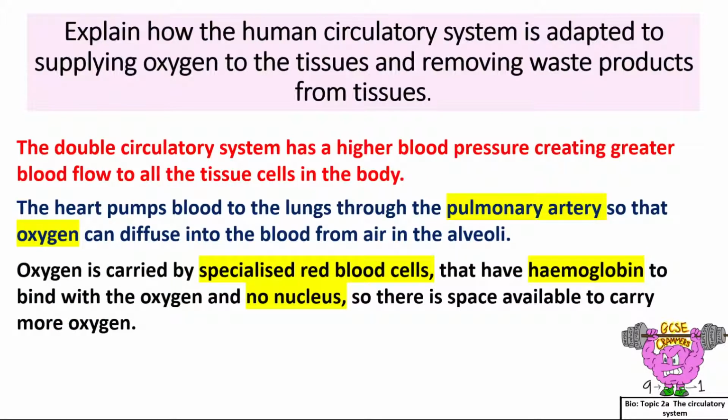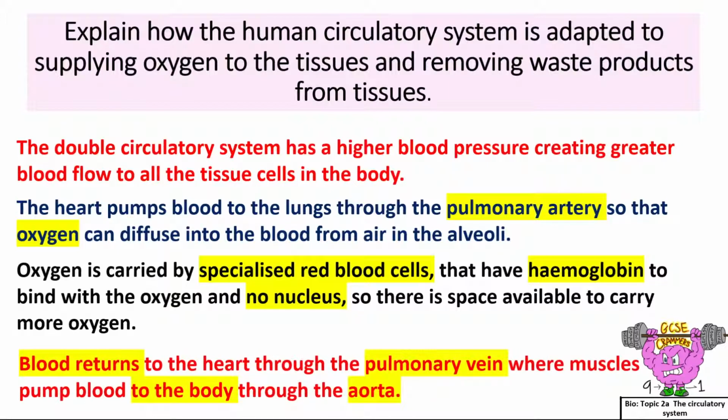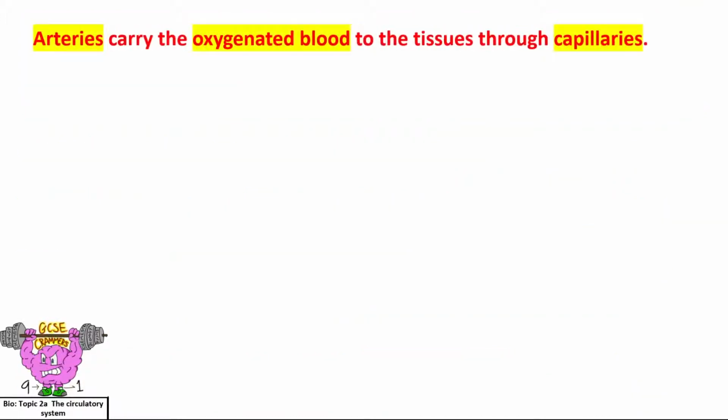Oxygen is carried by specialized red blood cells, which have hemoglobin to bind with the oxygen and no nucleus, so there's more space available to carry oxygen. Blood returns to the heart through the pulmonary vein, where muscles pump blood to the body through the aorta. Arteries carry the oxygenated blood to the tissues through capillaries.